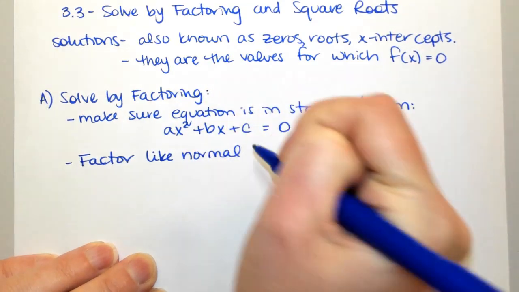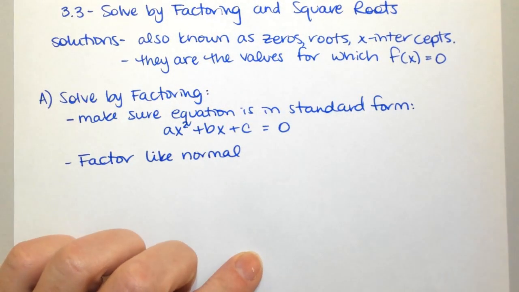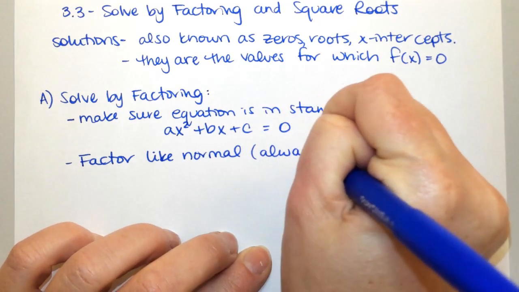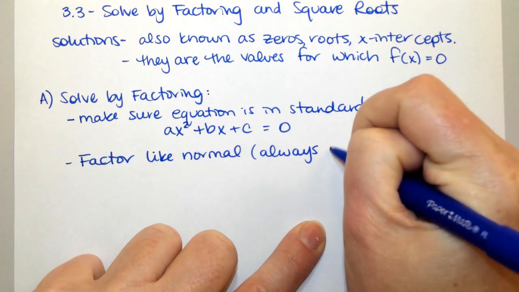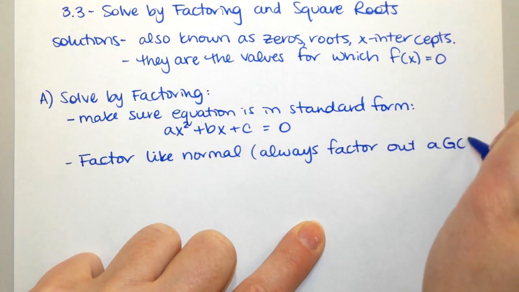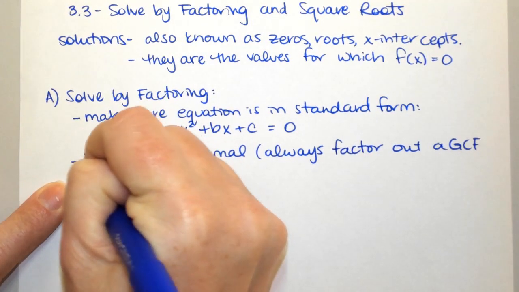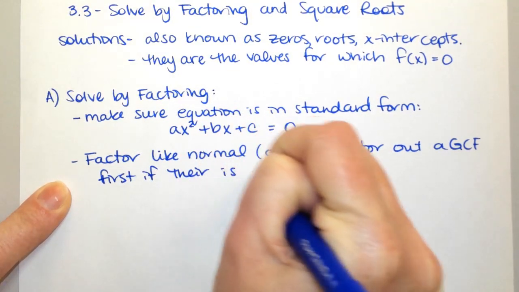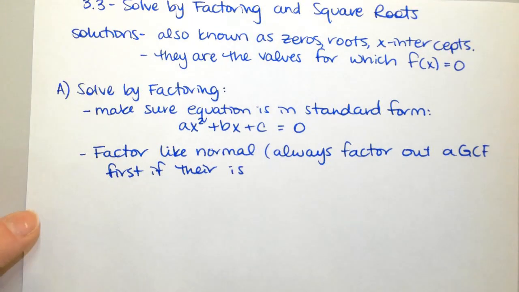So I showed you one way, but if you learned other ways of factoring and you prefer those, keep using them. There's a lot of different ways, so it's kind of just a matter of what your brain prefers. Just make sure you're always factoring out a GCF first, if there is one.